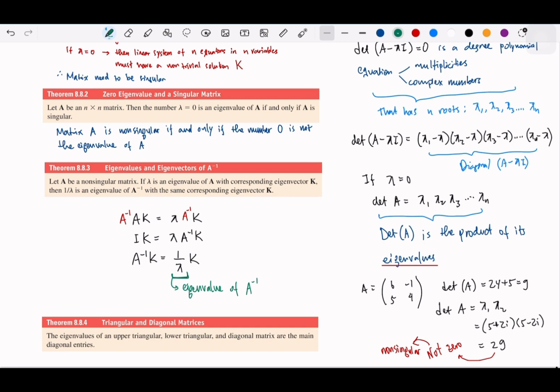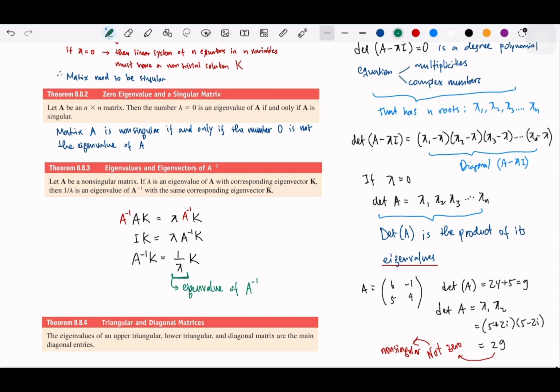We can see from what we have here, this is all the lambda, right? So whenever we have an upper triangular, lower triangular, or diagonal matrix, where the other part is 0, we can think of that as the row operation that has been solved.